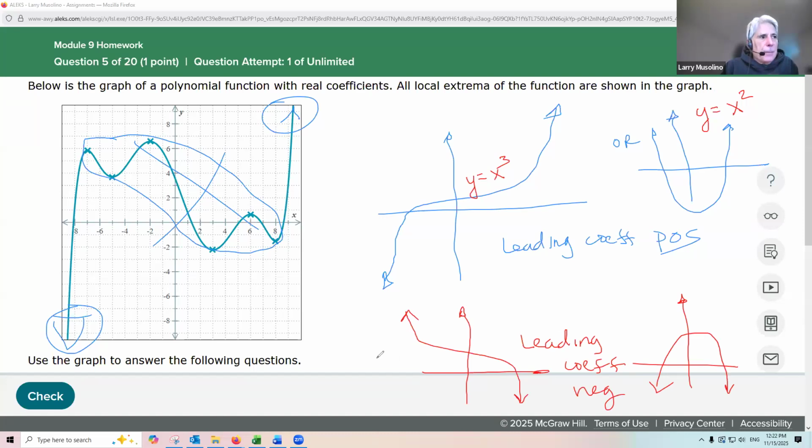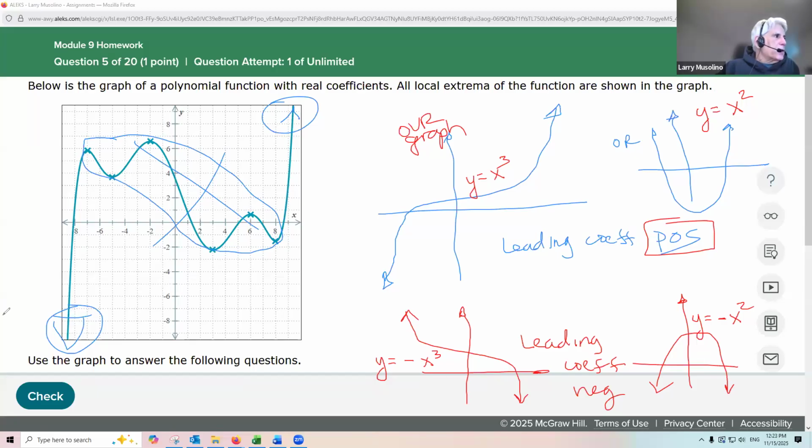So for example, this might be the graph of y equals negative x to the 3. This might be the graph of y equal negative x to the 2. Okay, so the answer here is for our graph, because our graph looks like this, the leading coefficient is positive for this example.